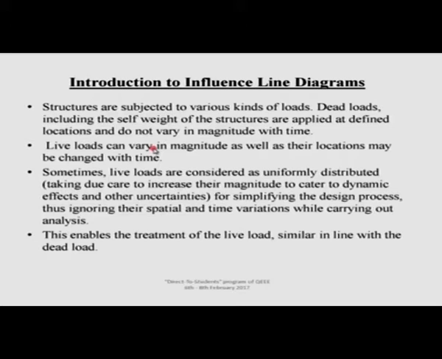Sometimes we treat live loads as uniformly distributed, to simplify the analysis. We account for the dynamic effect of the live load through impact factors, and take statistically the uncertainties into account, and come up with a uniformly distributed load which will not be exceeded by any means, so we can treat the live load in line with the dead load.